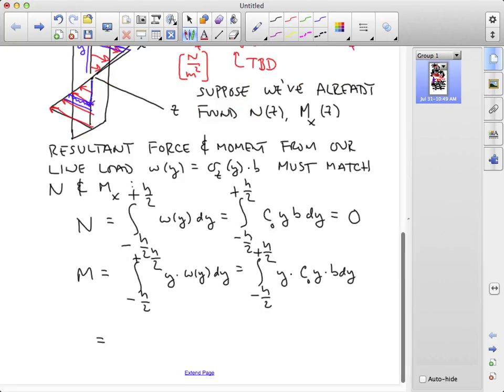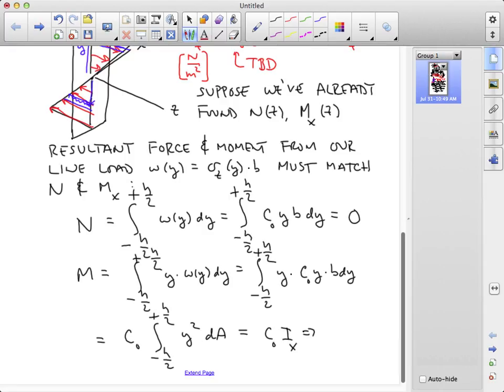Here again, we'll pull the C0 out of the integral. And we're left with a y squared in the integrand, and then a b dy, which we could write as an area increment. This integral is now exactly equal to Ix.